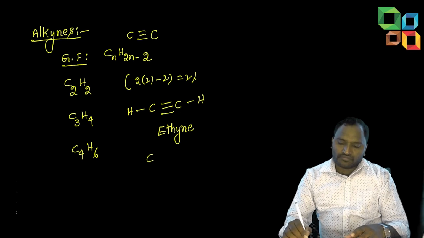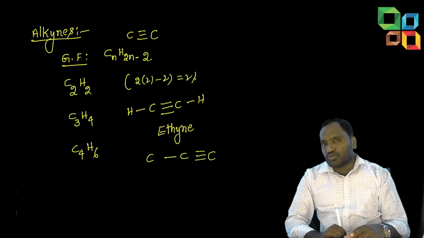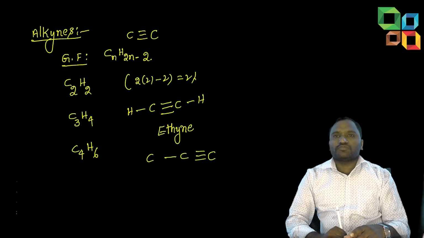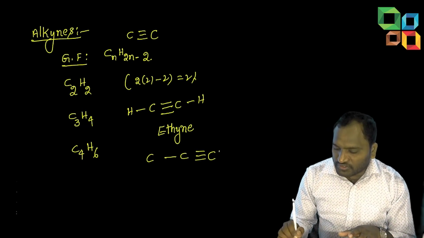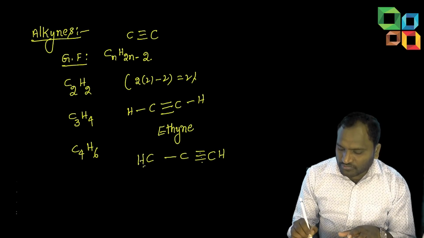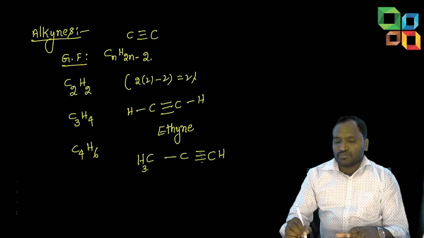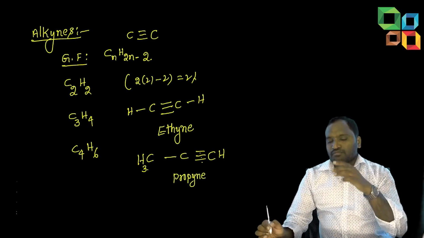C3H4 is there. See, students, between any 2 carbon atoms, one triple bond will be there. Here the carbon is already connected with 3 bonds, so only 1 hydrogen. Here it is already satisfied with all 4 bonds. So the terminal carbon will have the remaining hydrogens. This is called propyne.